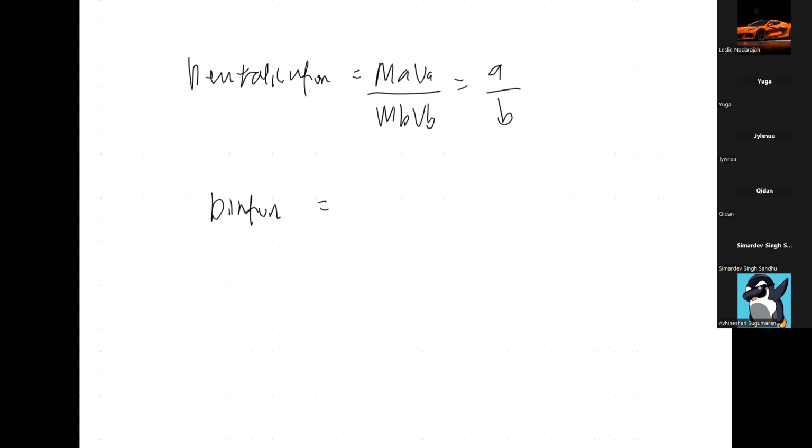What's the formula for dilution? Is someone planning to write? Yes, thank you, Tava. Finally, someone writing. Okay, M1V1 is equals to M2V2.